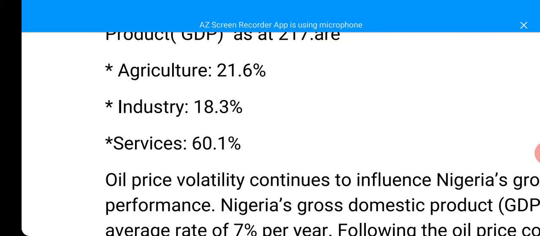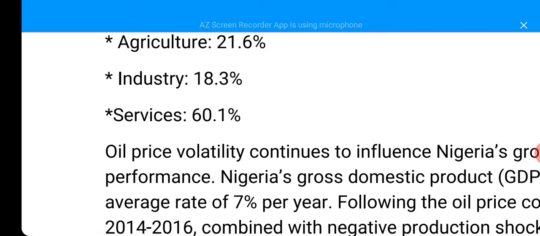I'm sure it has fallen more, but with the increase in rice production, I believe by the time the estimate for the present time is known, I'm sure the contribution of agriculture to GDP would have increased than this.